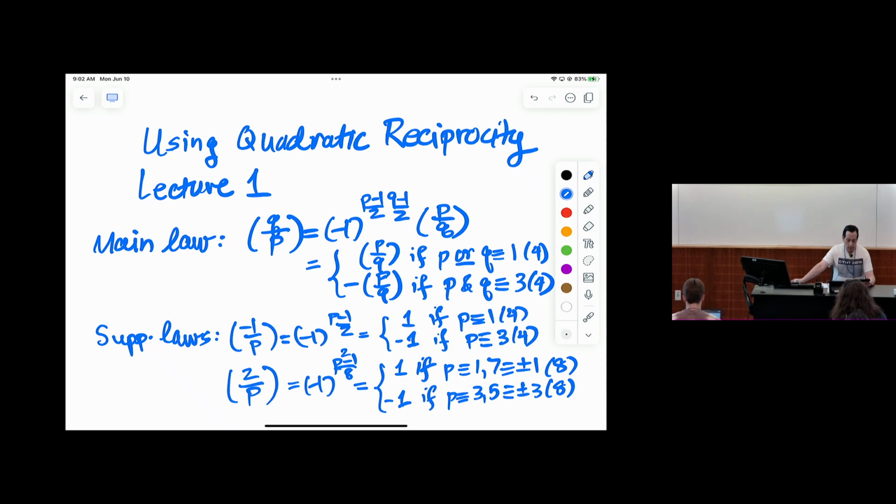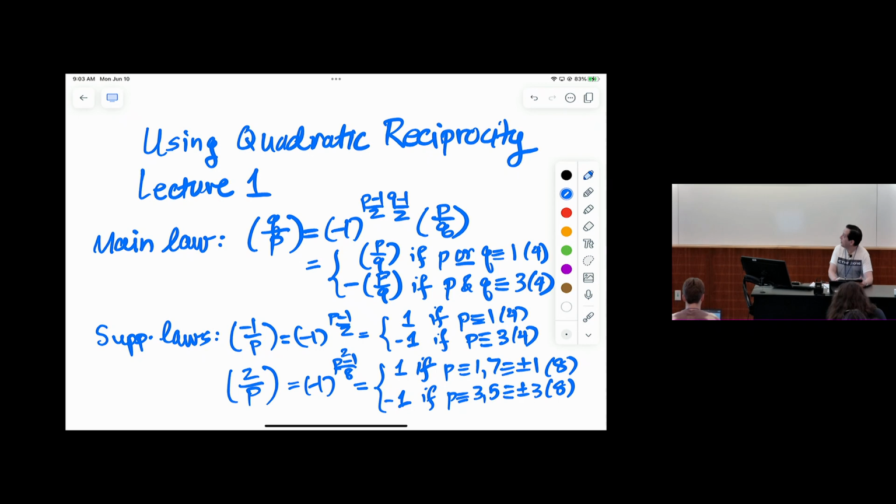When they're introduced in a number theory course, they're often used to help you determine when one number is a square modulo some prime. We'll start off doing some stuff like that. But then I want to switch over and use this to do some other things in number theory. That's the general theme of these lectures, to put quadratic reciprocity to work.